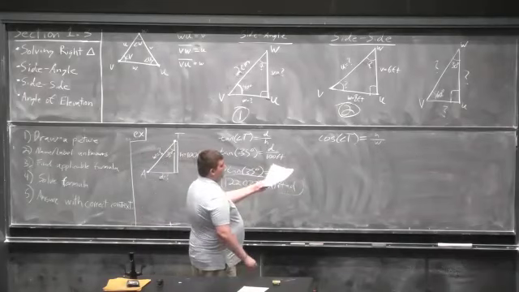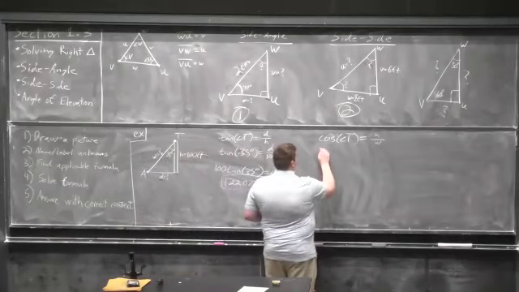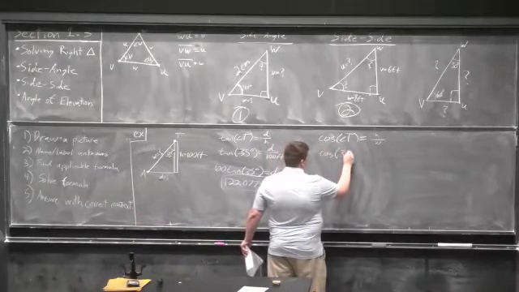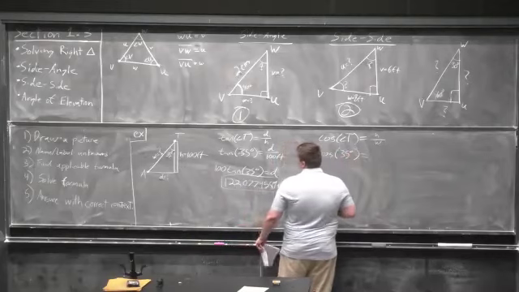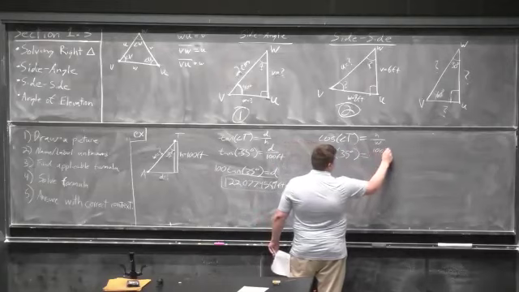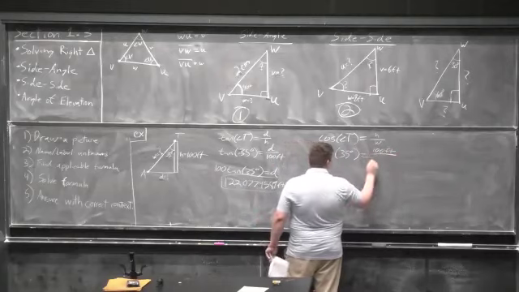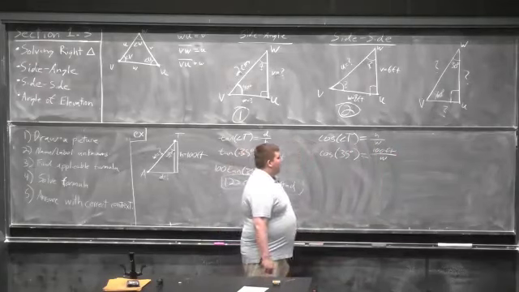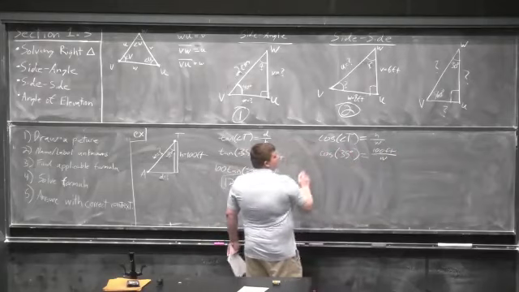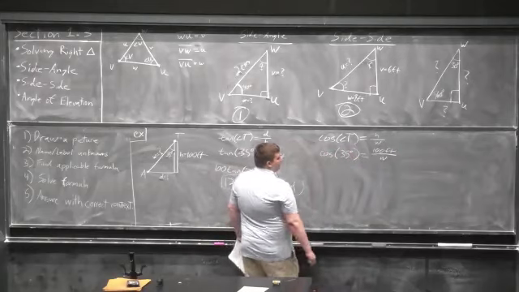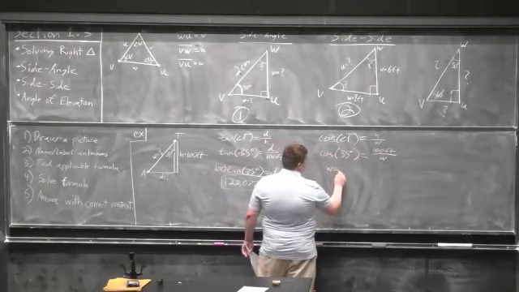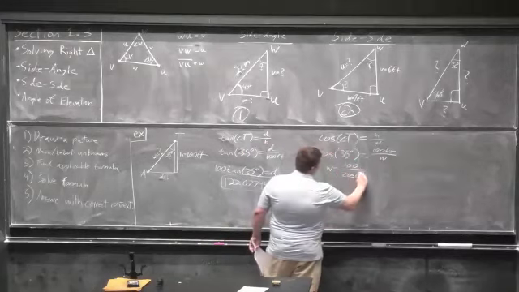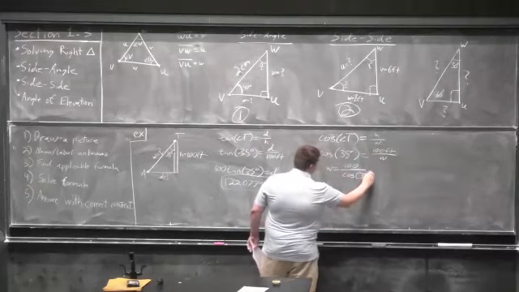Okay. Over here, we have cosine of my angle T, which is 35 degrees, equals my height, 100 feet, divided by my W, that's the length of the wire. In this case, it's the hypotenuse. We're going to times by W to the other side, divide by cosine of 35 to the other side, and we get W is equal to 100 divided by cosine of 35 degrees.